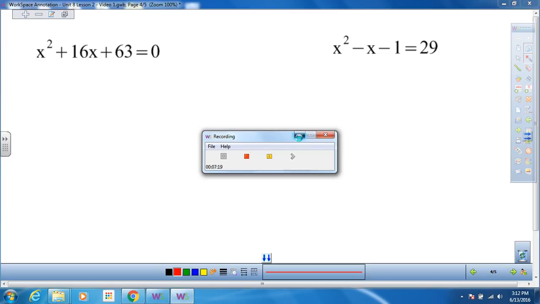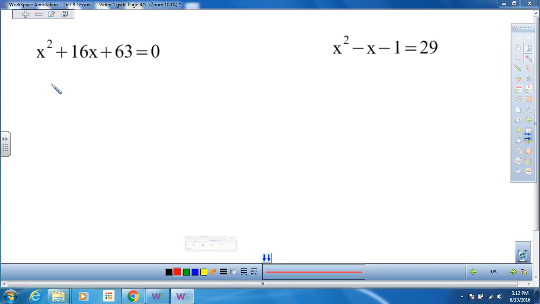Okay, let's look at these 2 other examples. Factor. I need to multiply to be 63, and then my outer and inner add to be 16. Now would be a good time for you to pause this video and try to figure out how it factors, and go ahead and solve it.